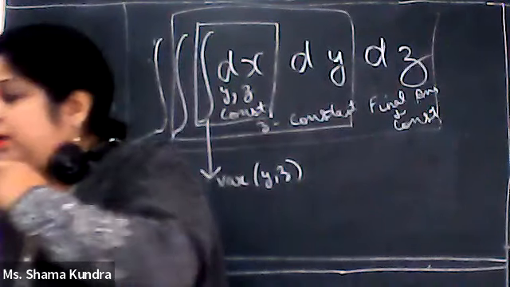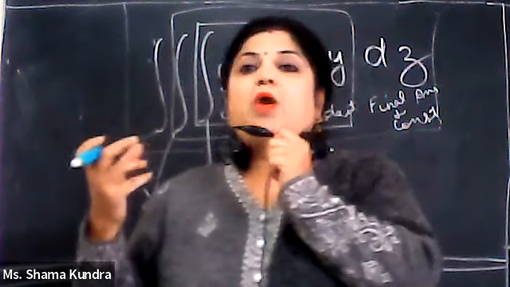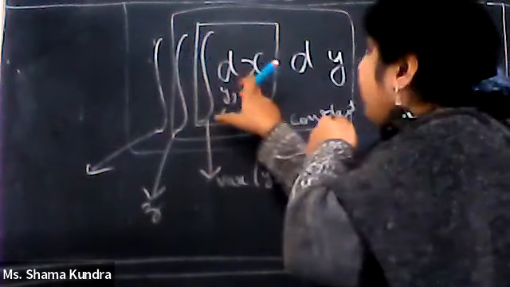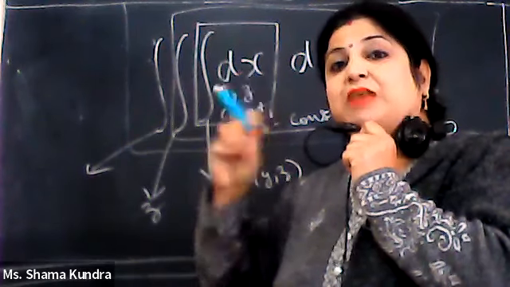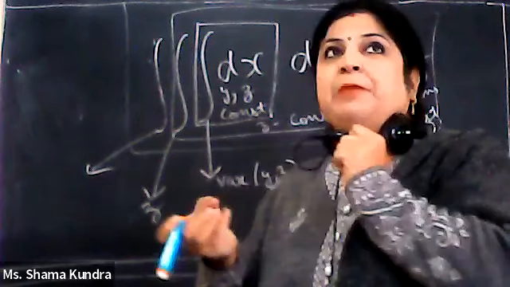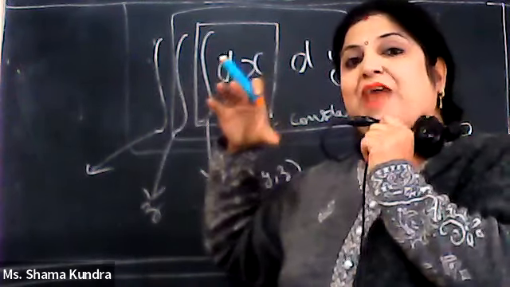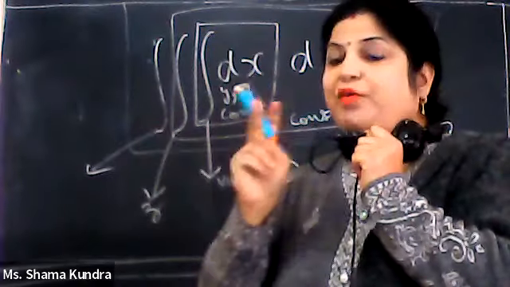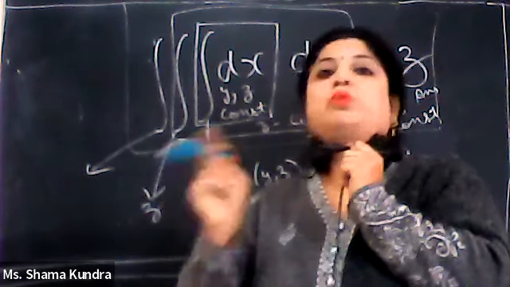Remember one thing, when limits are given in triple integral or double integral, you have to take that variable first. You have to integrate first with that variable which has maximum variables in its limits. Like if the limits of x are in terms of y and z, two variables are present, so we integrate with respect to x.